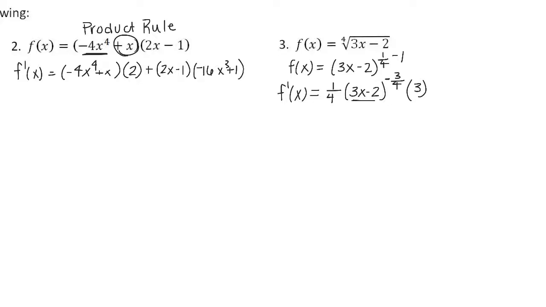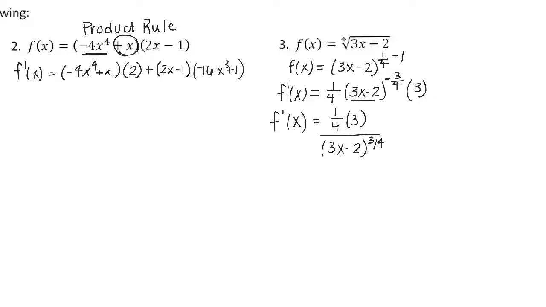3. Okay, now this is the only case where you need to simplify, and that's a negative exponent. Now, I've seen several variations here, and I don't care which one you write. You could do 1/4 times 3 over 3x minus 2 to the positive 3/4. You can leave your answer like that.